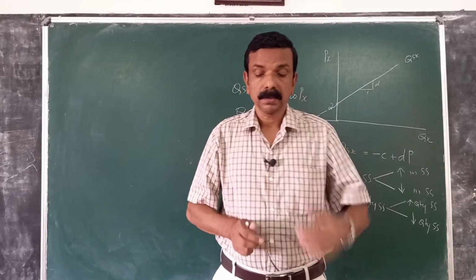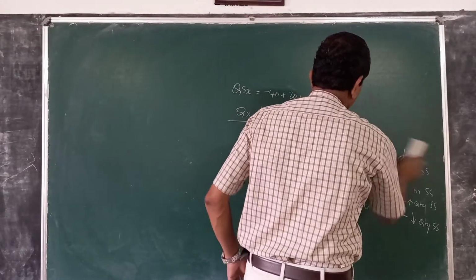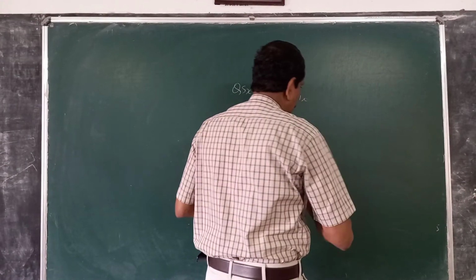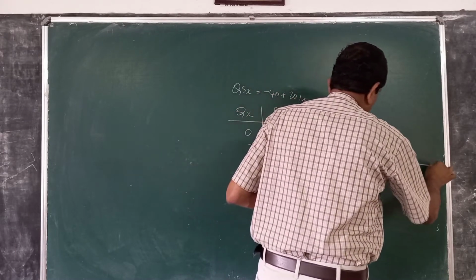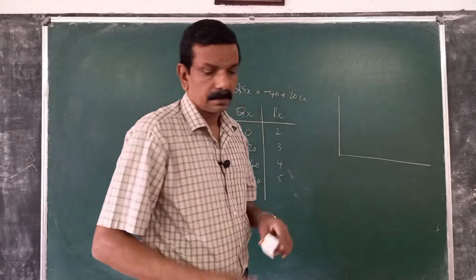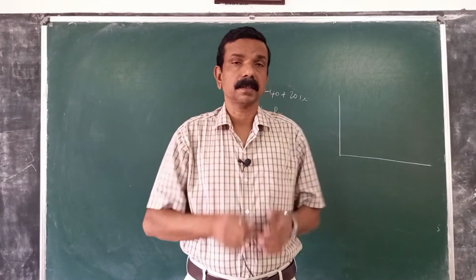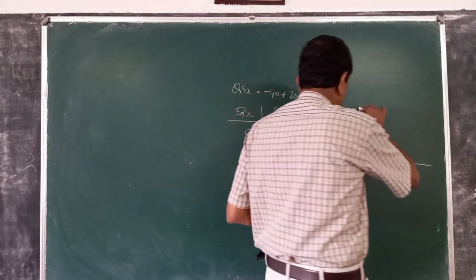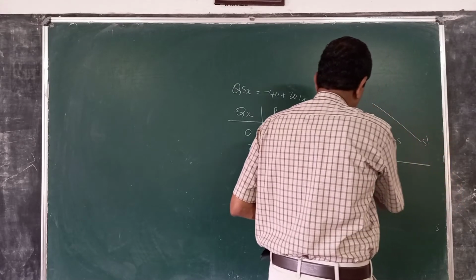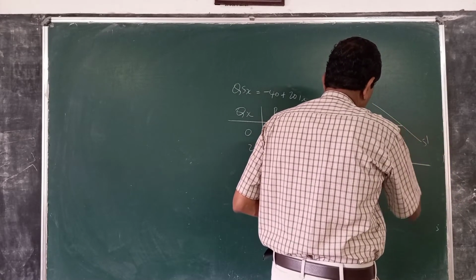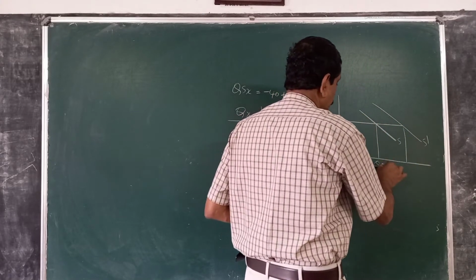That is, if as a result of an improvement in technology, cost of production decreases and the supply curve shifts towards the right from S to S dash, for the same price more will be supplied, from Q1 to Q2.